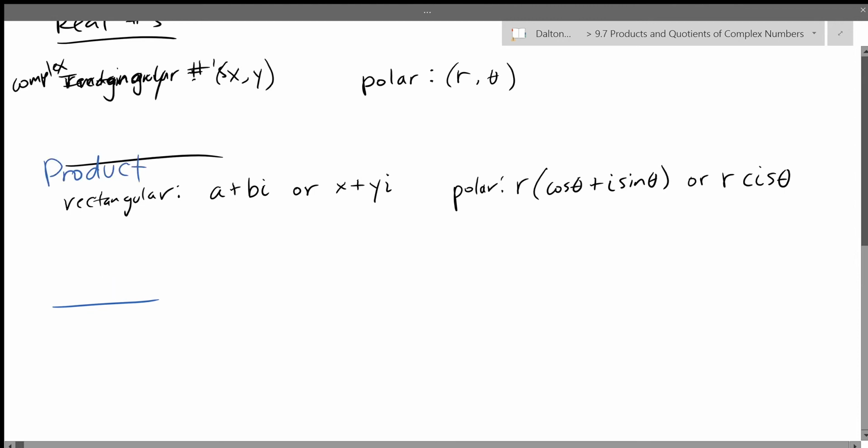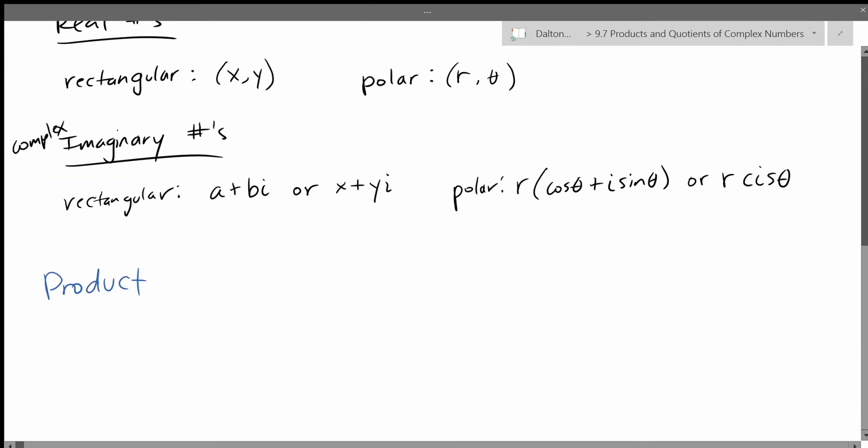So if we talk about the product, I want you to suppose we have two complex polar numbers. And let's multiply those numbers.